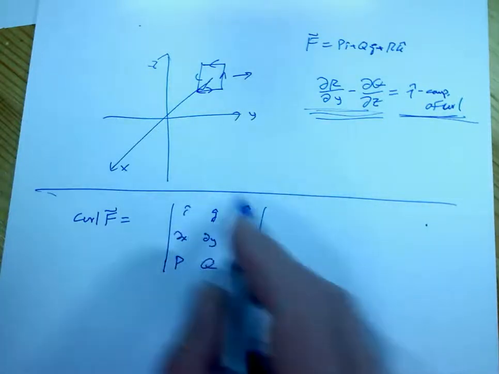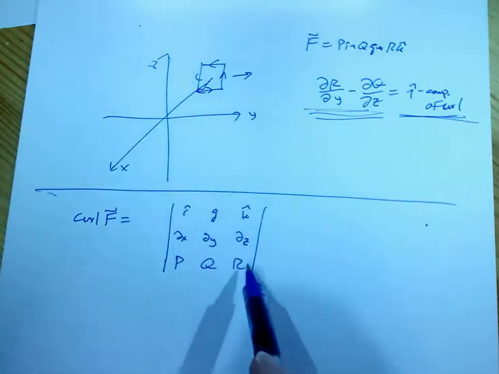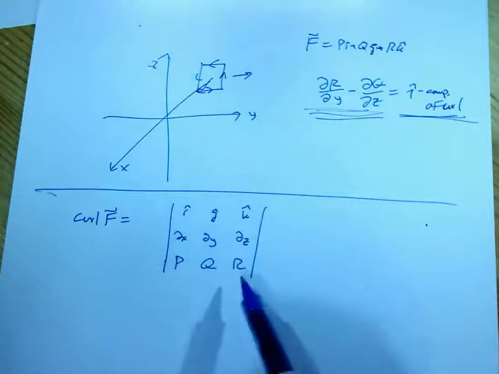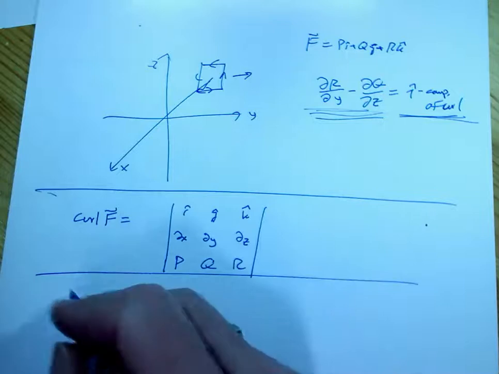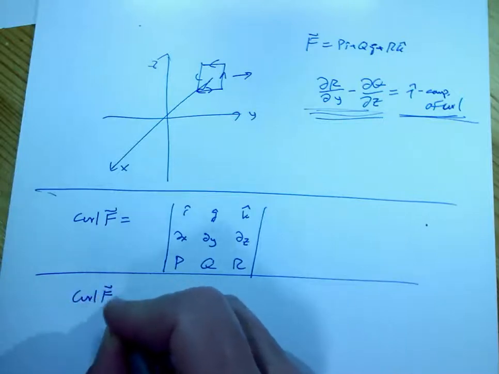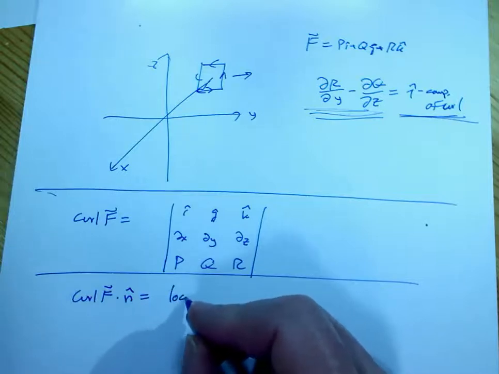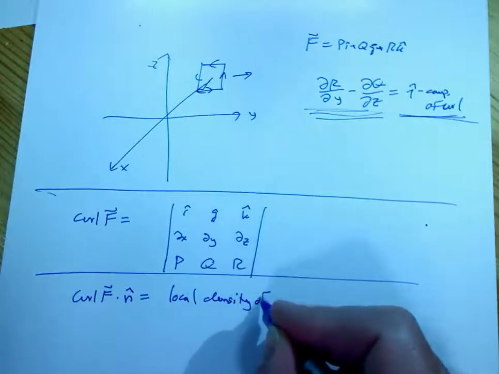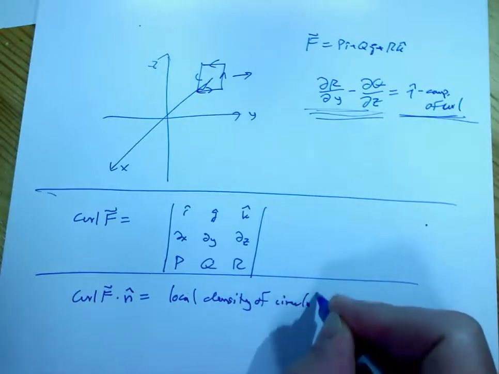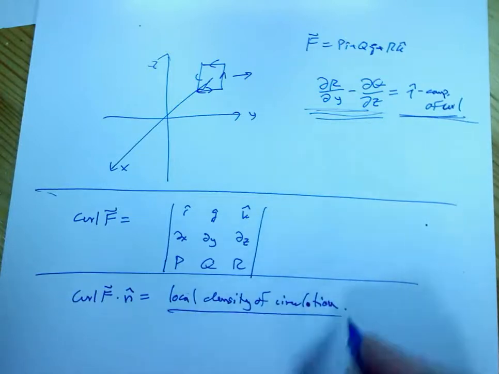But from my point of view, this is a wonderful, it's not trivial and it's deep that it works, but it's not for me the real deep meaning of the curl, which is that curl f dot any unit vector is a local density of circulation. That's going to be crucial when we use curl in its big theorem, which is Stokes' theorem. So I really want to have that as part of our story.